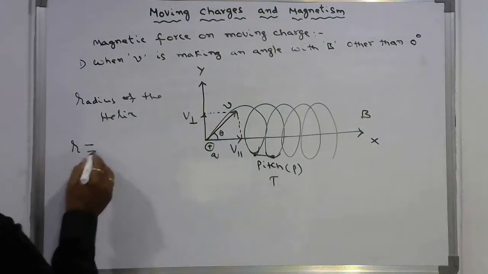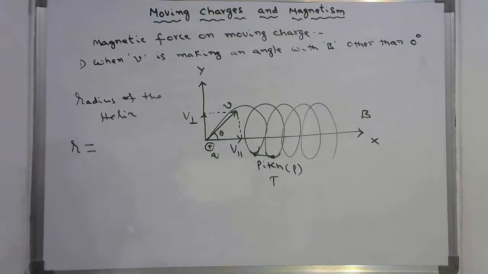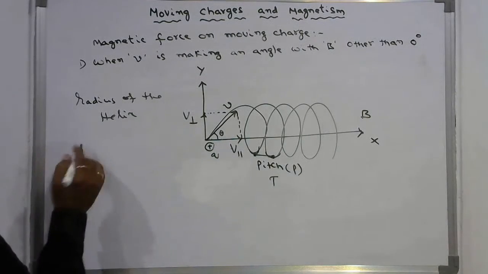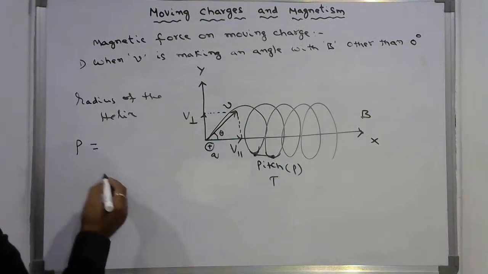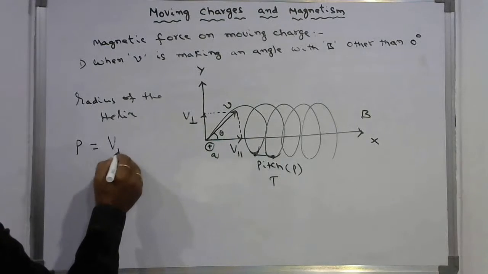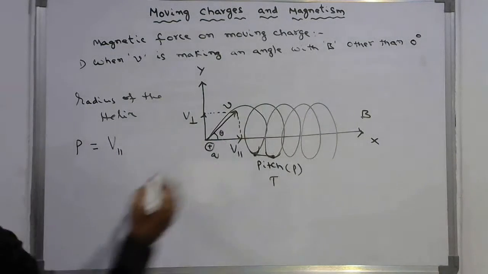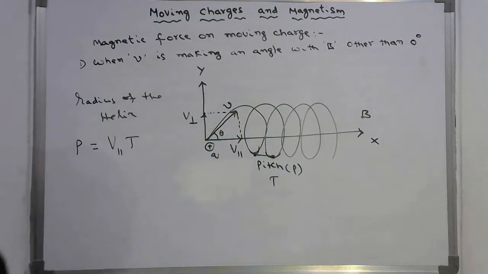First write down the pitch, which is actually the horizontal distance. Pitch is equal to the velocity in the direction of the magnetic field multiplied by time.